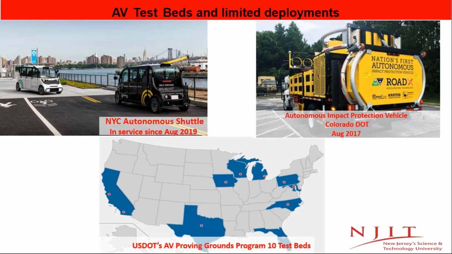On the right side, you can see the autonomous impact protection vehicle, which has been in service since August 2017 in Colorado. Moreover, the US DOT has developed 10 test beds in 9 different states. So it's an opportunity for researchers to test their autonomous vehicle related models in real world circumstances.